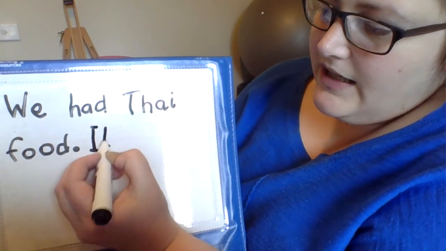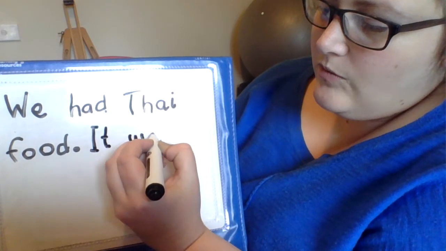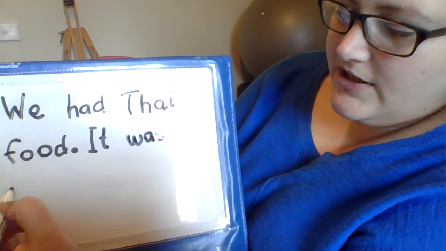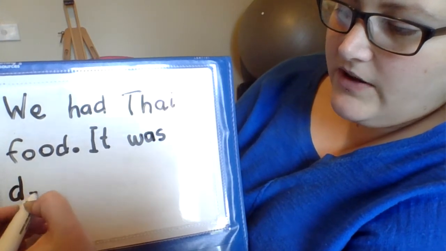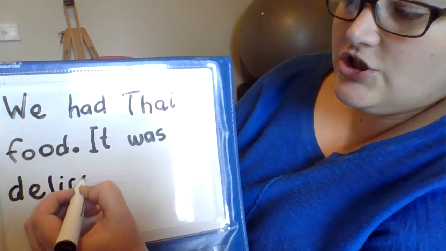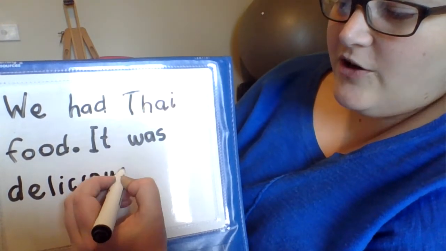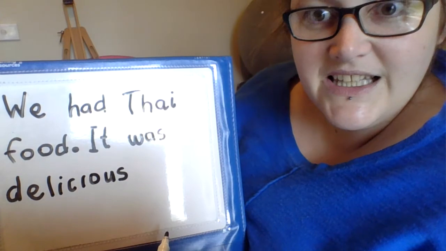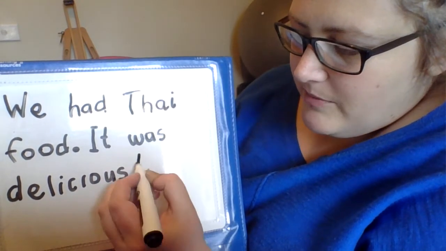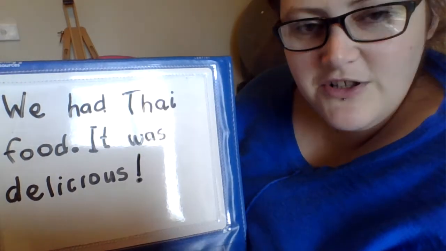It was, that's a tricky one, and delicious. I'm going to start down here because I can't fit the word over there. Delicious. And you know what? It was delicious. That's exciting, so I'm going to put an exclamation mark, because we use them when we're writing something exciting.